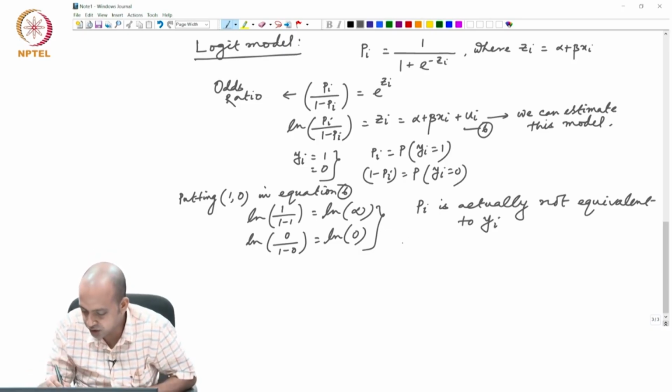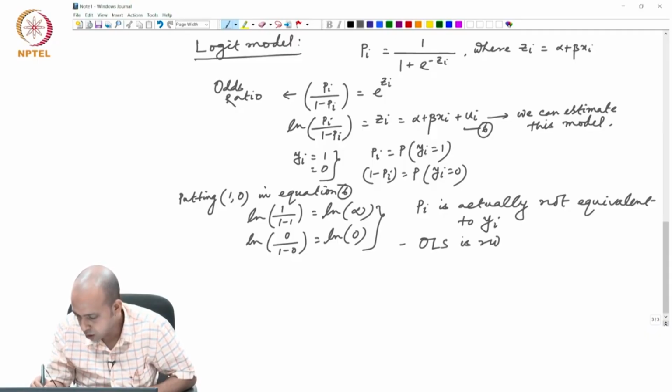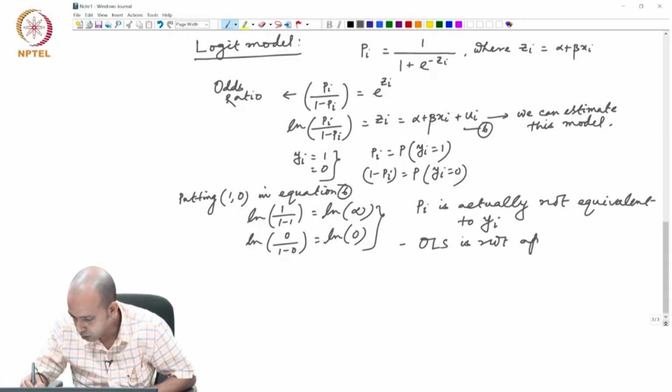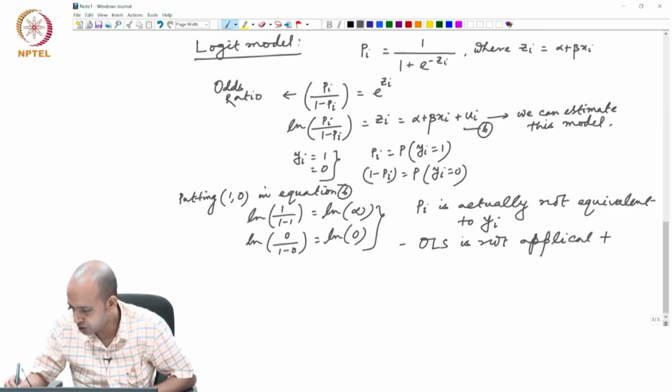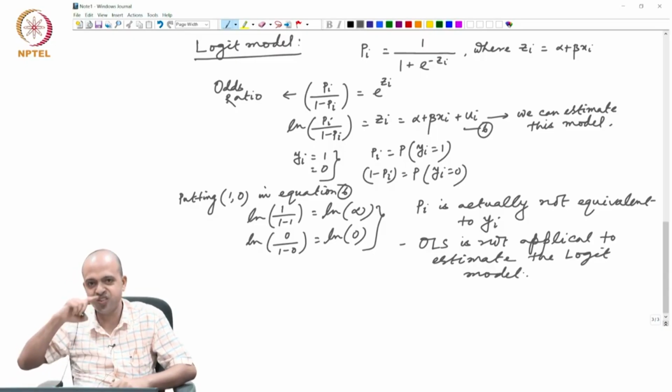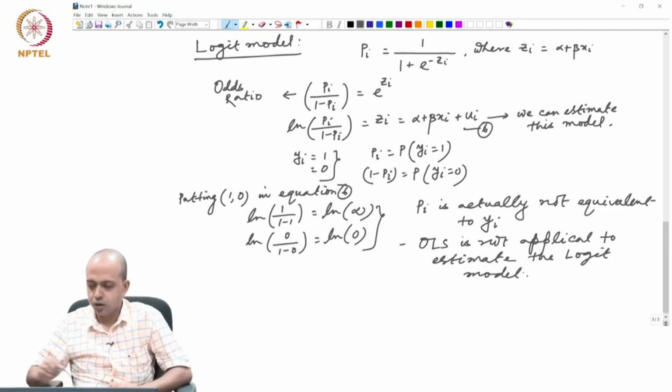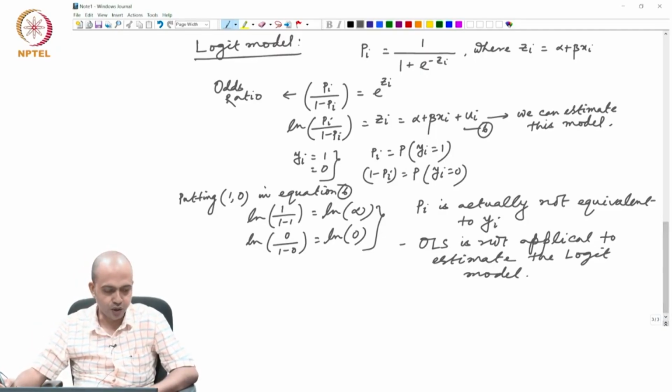That means OLS is not applicable to estimate the Logit model. We need to take a different route, and what is that route? Let us discuss now.